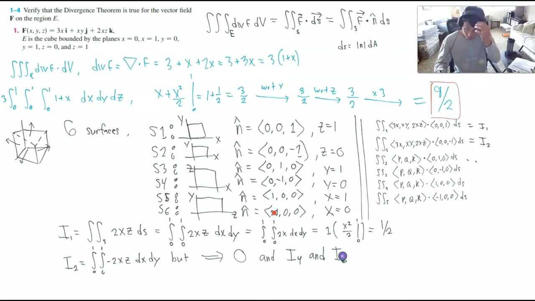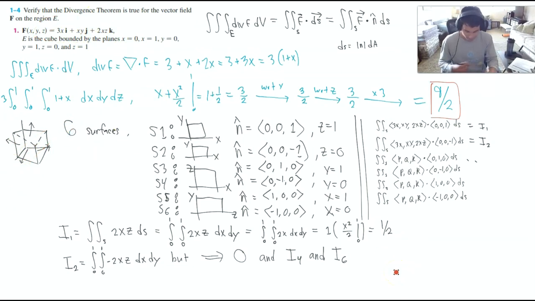Okay, there's no flux going through this surface downwards. There's no flux going through this surface over here. And if you guys need another explanation for why that is, look at this force field. This is a positive force field, right? It's a positive force field.